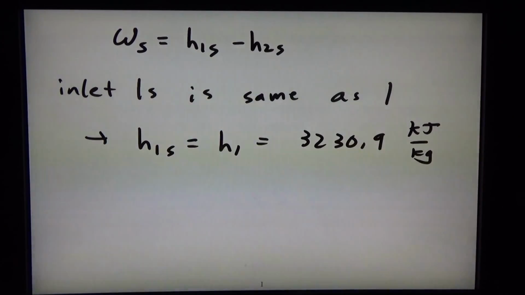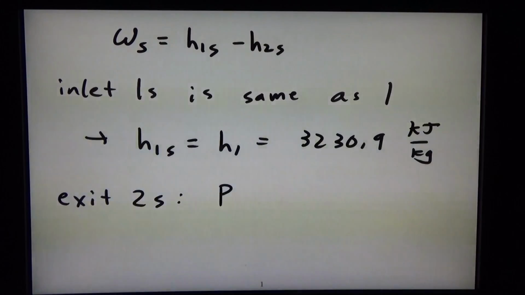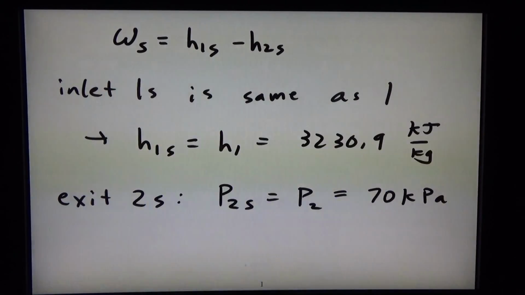For the exit state 2S of the isentropic turbine, we define it with the following properties. We define the pressure P2S as the same as the actual exit pressure of the real turbine, so that's going to be P2, still 70 kilopascal.